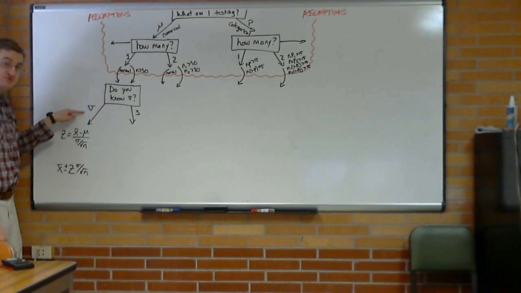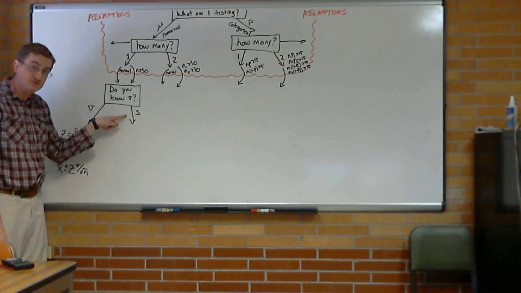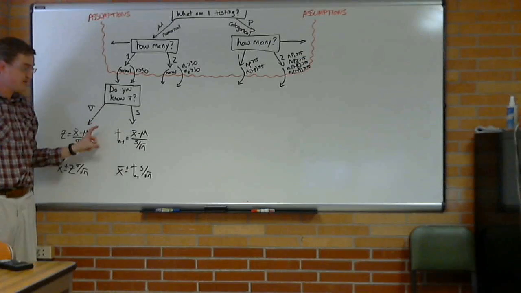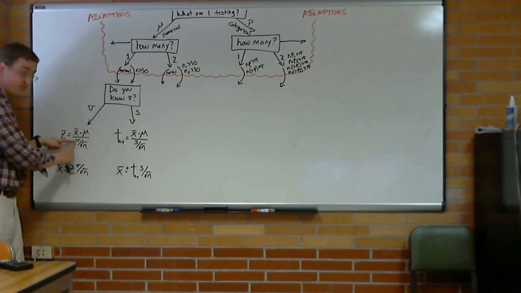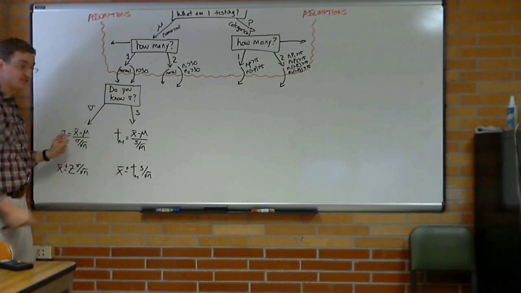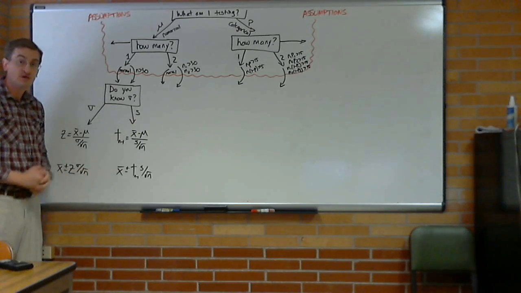On the other hand, if you did not know a magic sigma, then you must use the s, which gives you almost the exact same thing, except where we had z becomes t, and where we had sigma becomes s. This equation also can be written with a confidence interval.